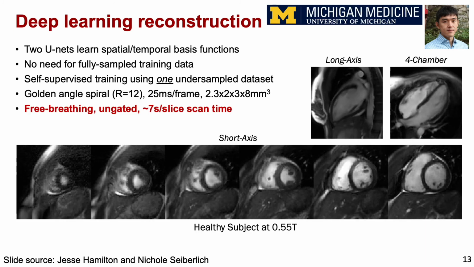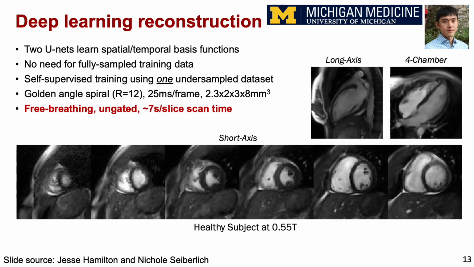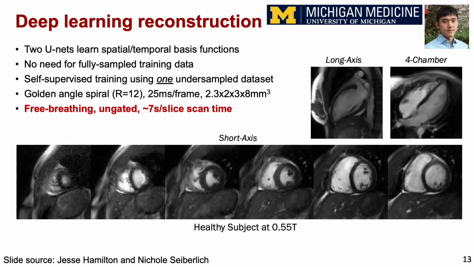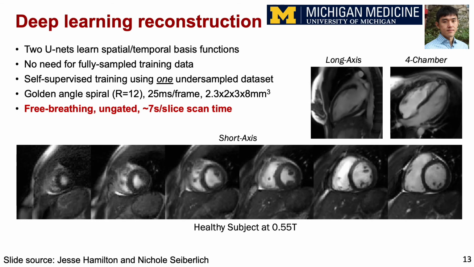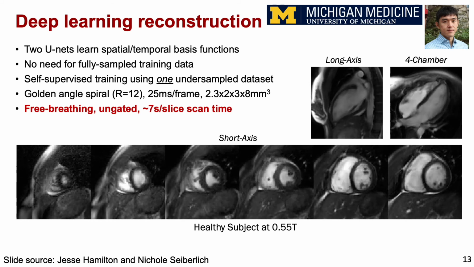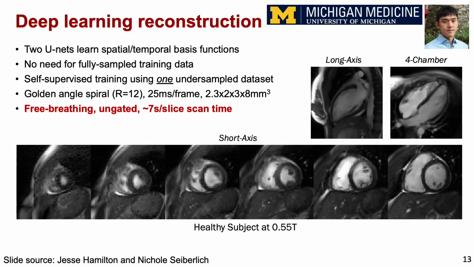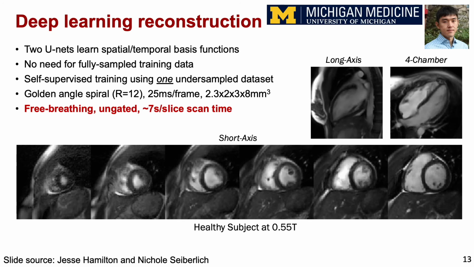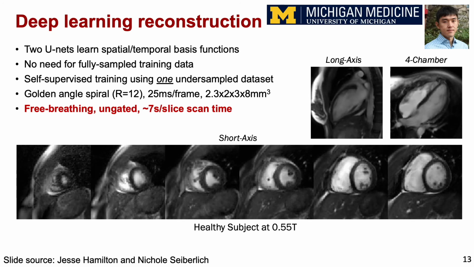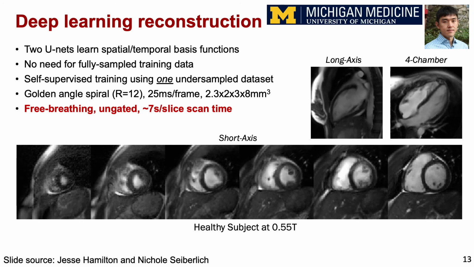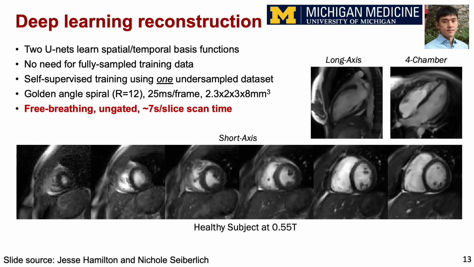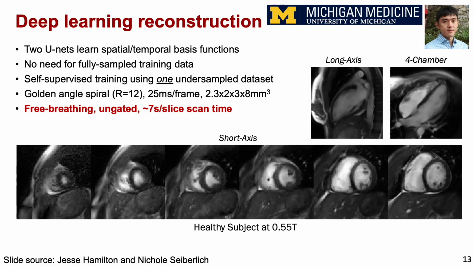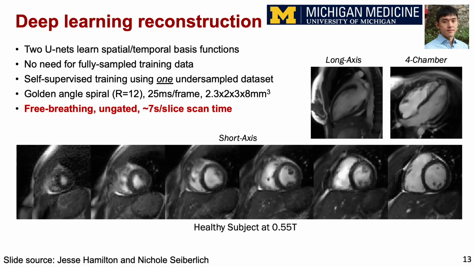So the group at the University of Michigan is looking at clever ways to use networks to reconstruct the images. The work presented here uses two networks to learn the spatial and temporal basis functions from the data. So the networks do not directly reconstruct the images, but rather the spatial and temporal basis functions, and then from there, the real-time images can be recovered.